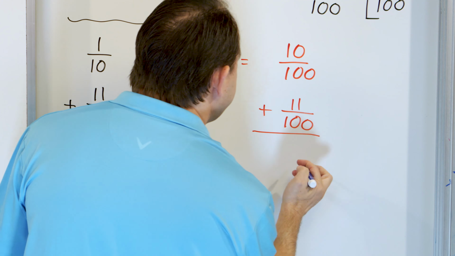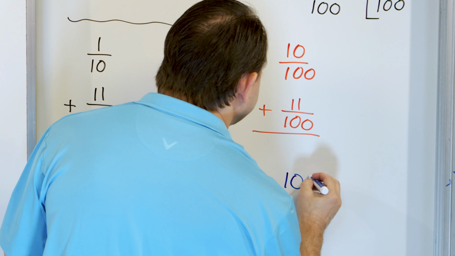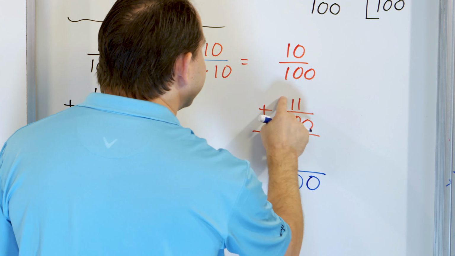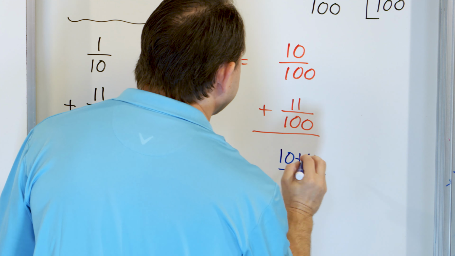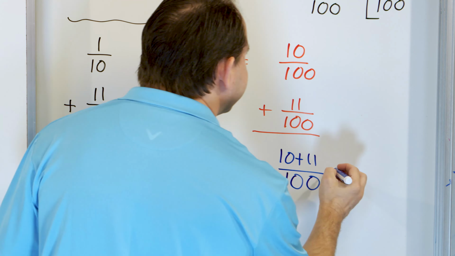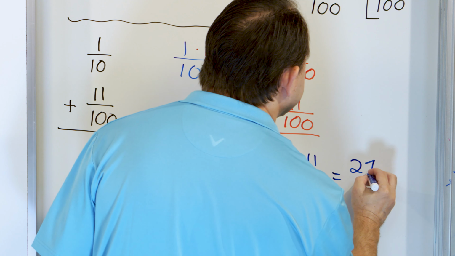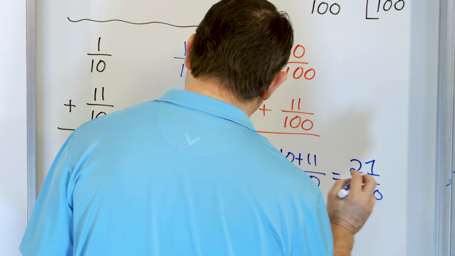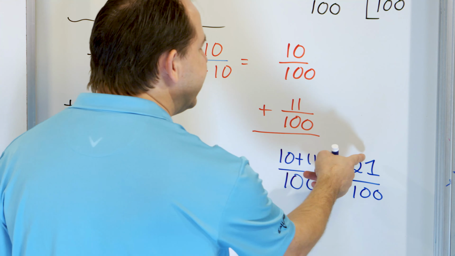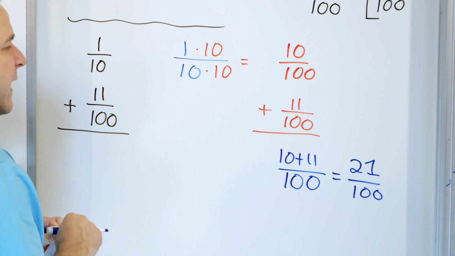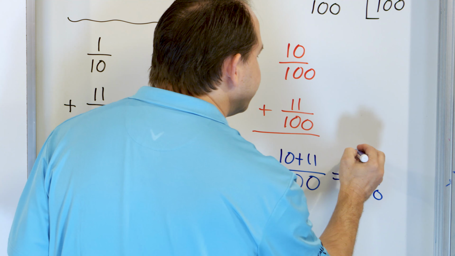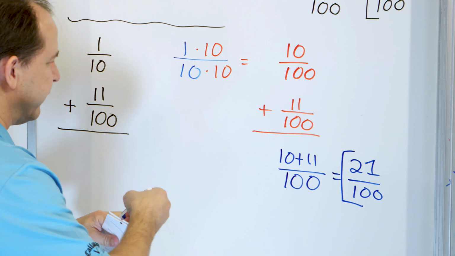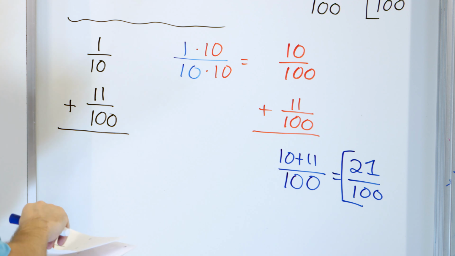The 100 is on the bottom in both cases, so we have 100, and then 10 plus 11. What happens when you add 10 plus 11? You get 21/100ths, or 21 out of 100. Now if you try to simplify this answer, and divide top and bottom by some number to make it simpler, you can't do it. So that is the final answer, 21/100ths.